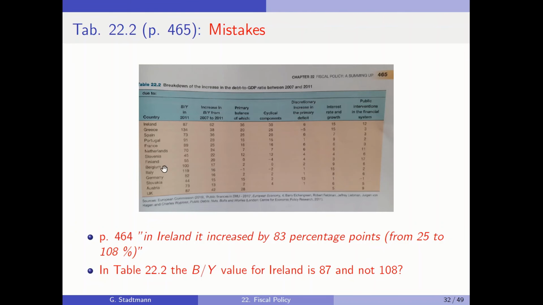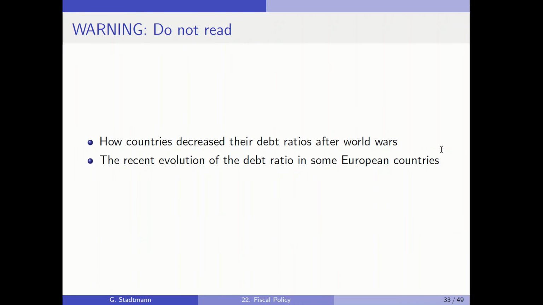But when you look at this table and you look at the row for Ireland and the column B over Y, then you can get here that the B to Y ratio for Ireland is equal to 87 and not 108. So I don't know, the text does not fit to the tables, and therefore, I would like to come up with a kind of warning.